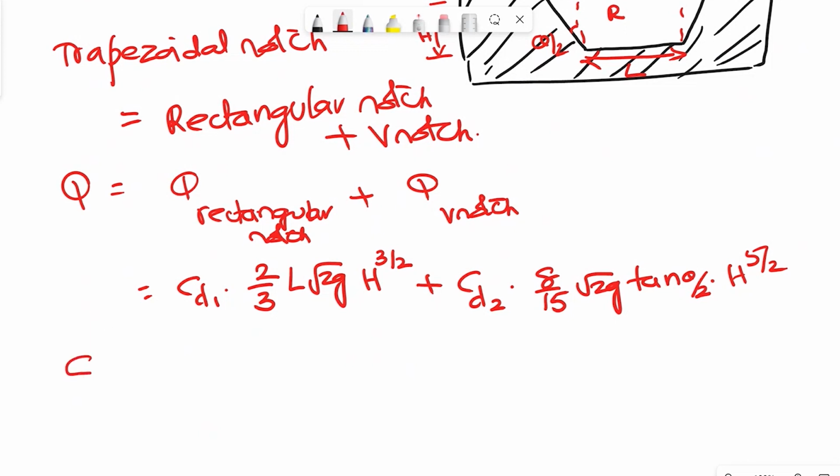There is one small bit actually. What is a Cipolletti notch or weir?